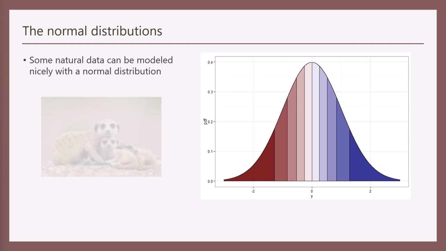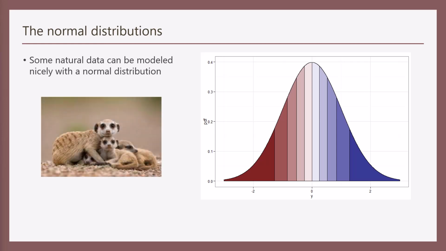Take any mammal, look at the babies at birth, and look at the length of those. There is going to be a common length for these babies that is going to occur with great frequency. But as you get shorter and shorter, it's going to have less and less frequency. And conversely, if you get longer and longer, it's going to have less frequency.